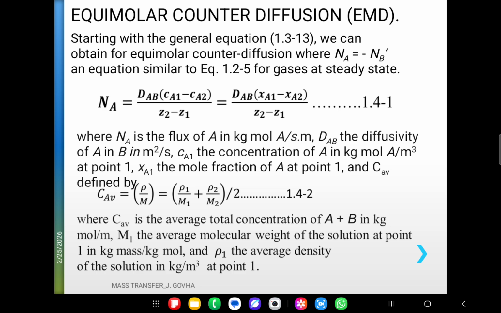So you'd see that CAV is your average total concentration.